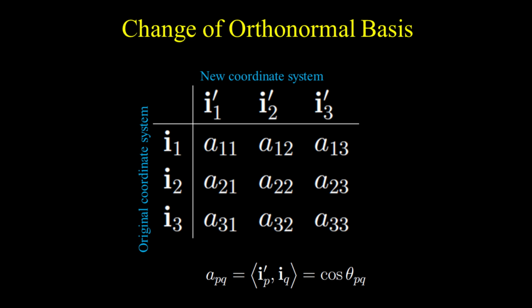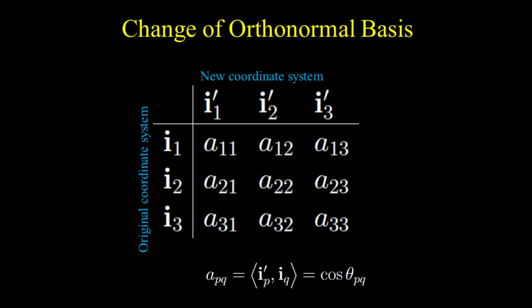If new rectangular Cartesian x', y', and z' axes are chosen with the same origin as the original rectangular Cartesian x, y, and z axes, the direction of each new axis can be specified by giving its direction cosines with respect to the old axes.